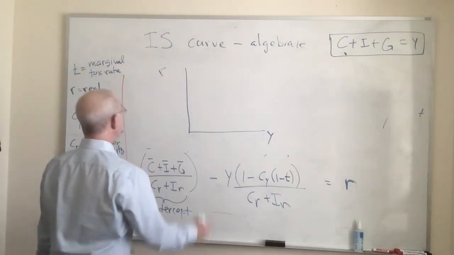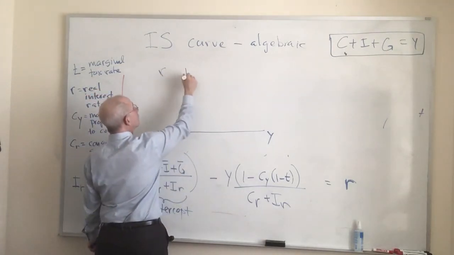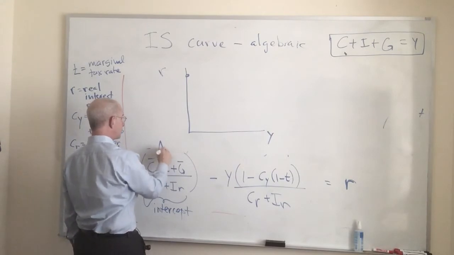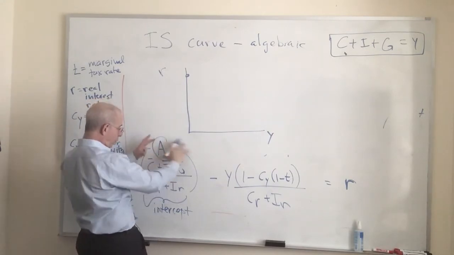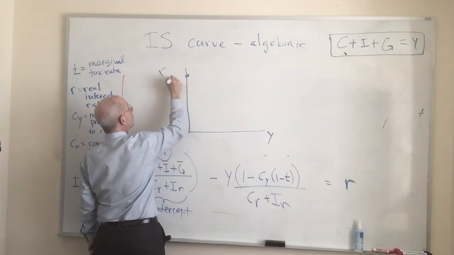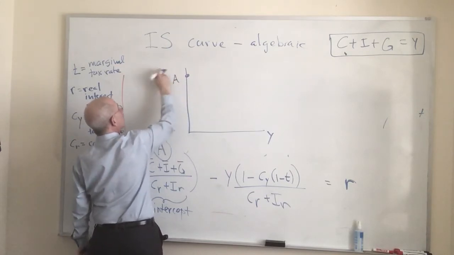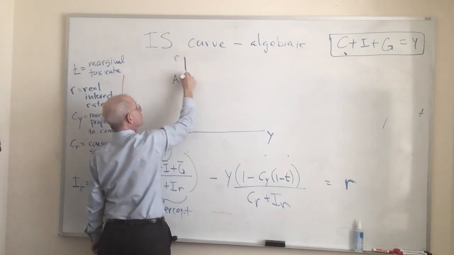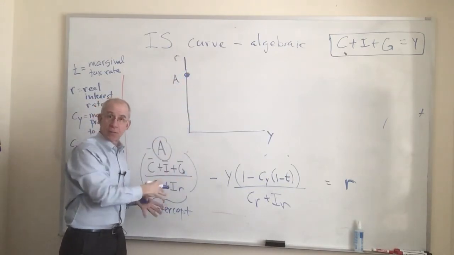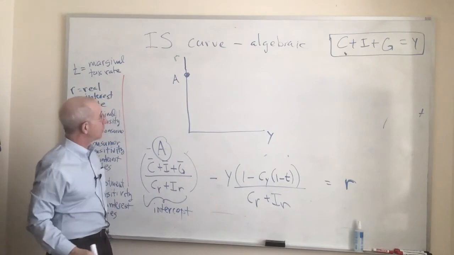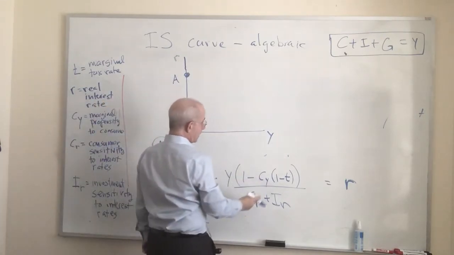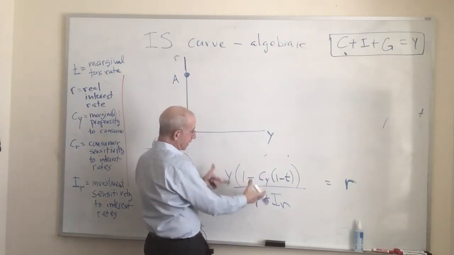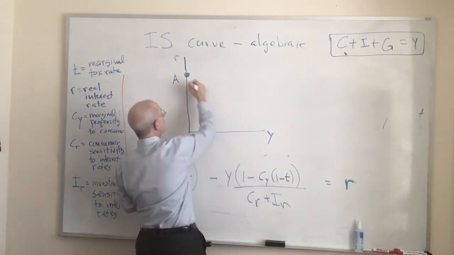All right, so then we've got this thing. Let's call this A. This whole thing. So anything that changes A is going to change the intercept. Okay, we'll come back to that in just a moment. This has a negative relationship with national income.